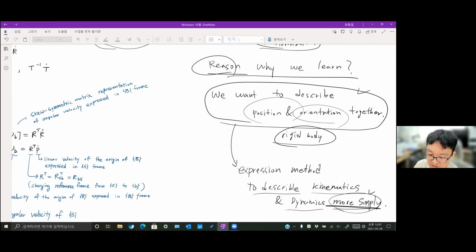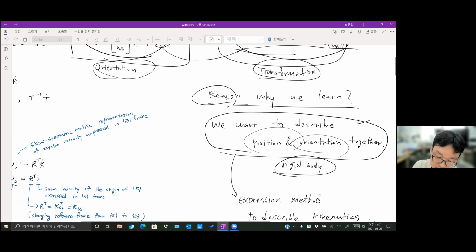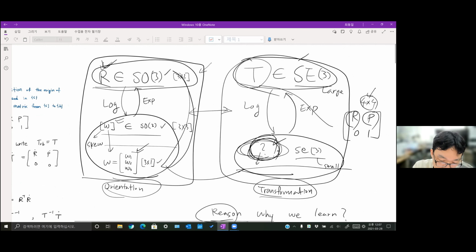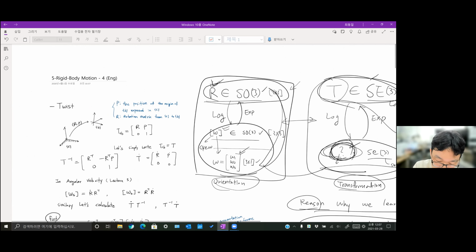To describe the dynamics equation more simply, we should learn about this concept. So let's introduce the concept of this one.